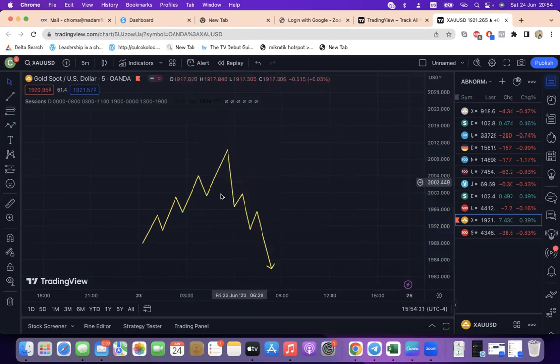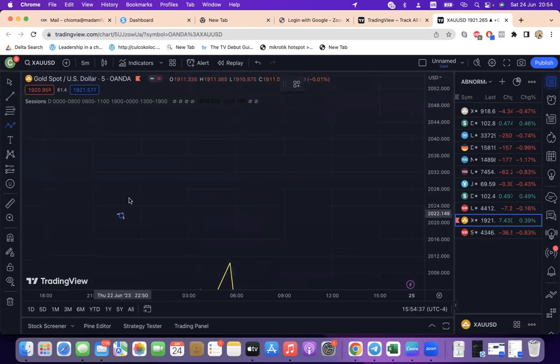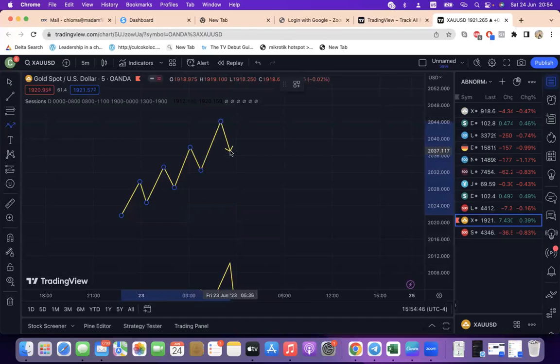So it has to break a starting point. All right, now let me show you why. If it does this, you can see it has not broken any starting point here. In fact, it's doing what we call consolidating. It's moving sideways. All right?